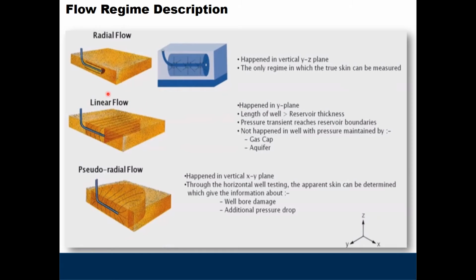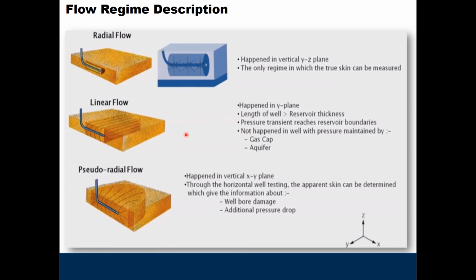And in this linear flow, which occurs in the intermediate time region, the fluid flow is in wide planes, horizontally, and the length of the well is more significant than the reservoir thickness.